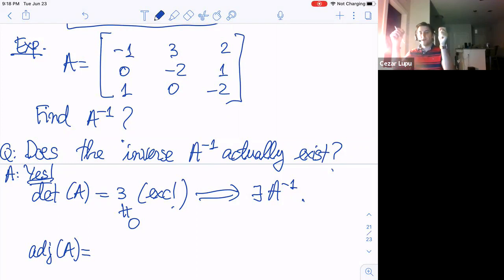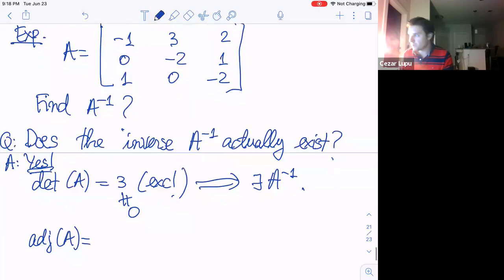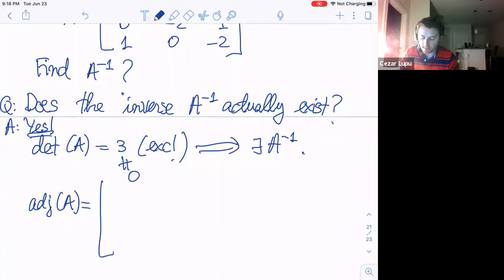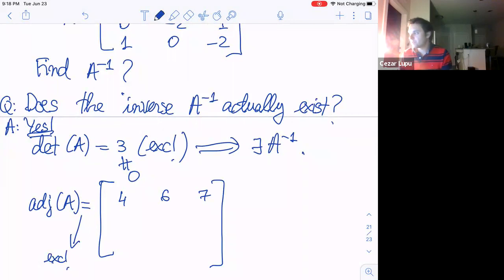Basically, you compute each row of cofactors, and then you put them on columns. And after you do this, you'll get the following matrix. So it will be 4, 6, 7, 1, 0, 1, and 2, 3, and 2. Again, I'll leave this to you as an exercise.